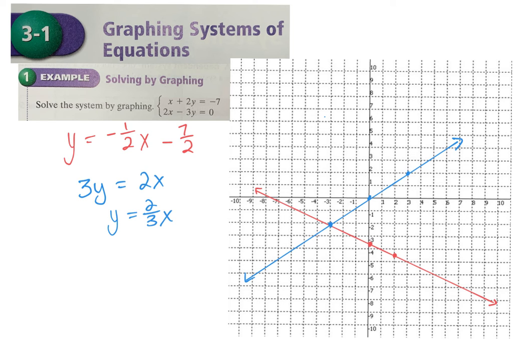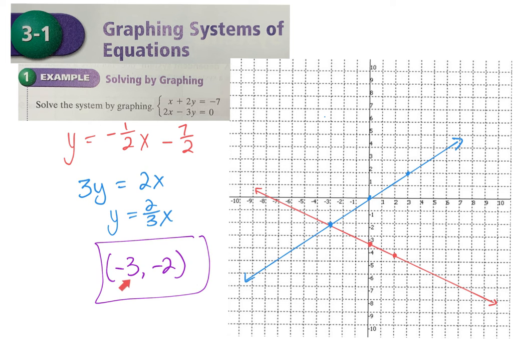But you can tell that human error can happen when you graph. I'm using a measuring device to keep a straight line, and it still doesn't matter. You could potentially draw it wrong, especially when you have something like 7/2 that I'm estimating. So my final answer is going to be that point, negative 3, negative 2.